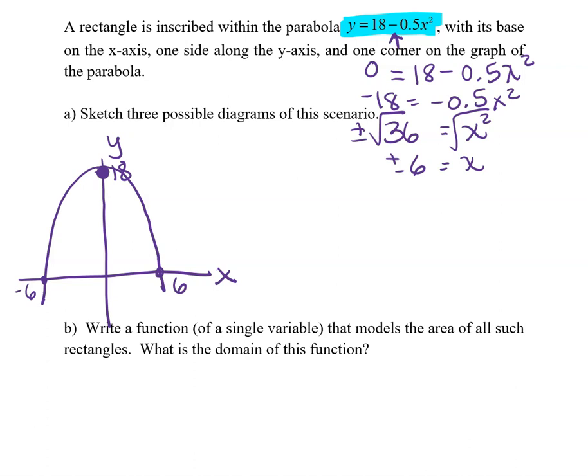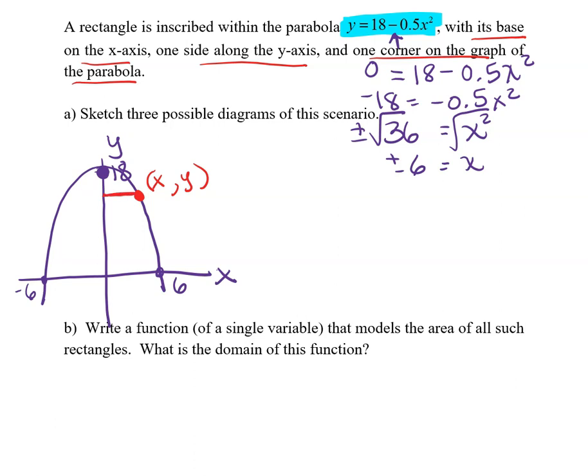And now to bring the rectangle into this diagram, it says that the rectangle that's inscribed in this parabola will have a base on the x-axis, one side along the y-axis, and one corner on the graph of the parabola. So this is one possible scenario. Let's just say that this point here, x, y, will be a corner of our rectangle.